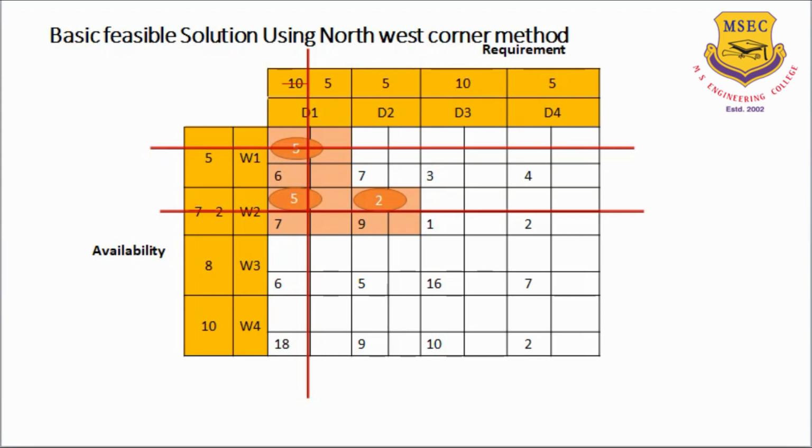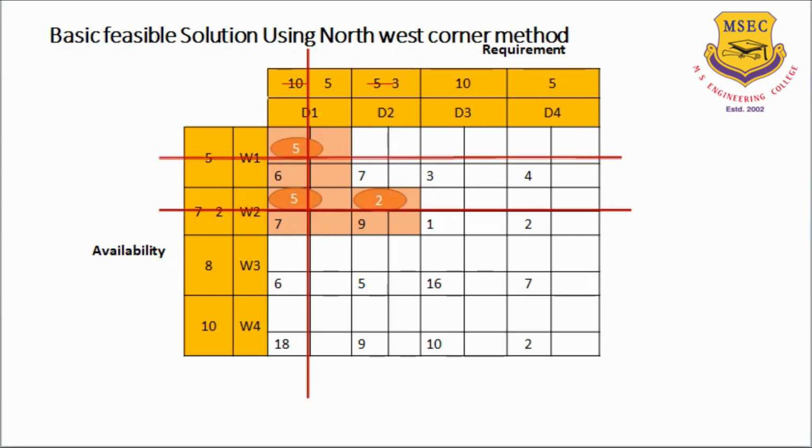The next northwest corner cell is W3 D2, where we have an availability of 8 units and a requirement of 3 units. We satisfy that by transporting another 3 units from W3 to D2. After that, the availability at W3 gets reduced to 5 units and the total requirement at D2 is satisfied. Therefore, we cancel the D2 column.